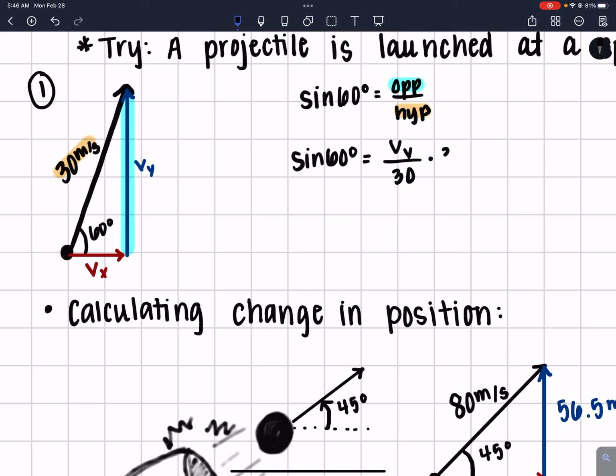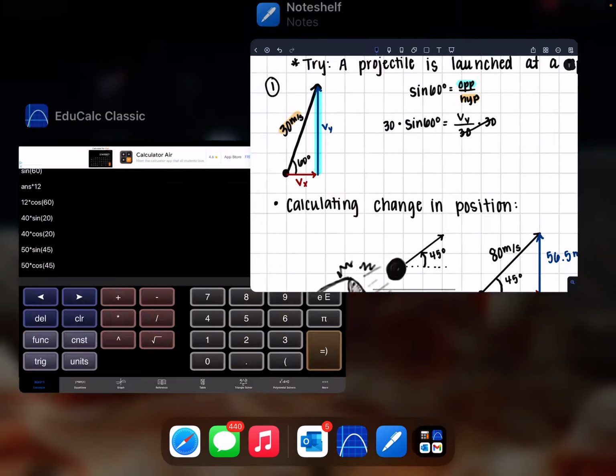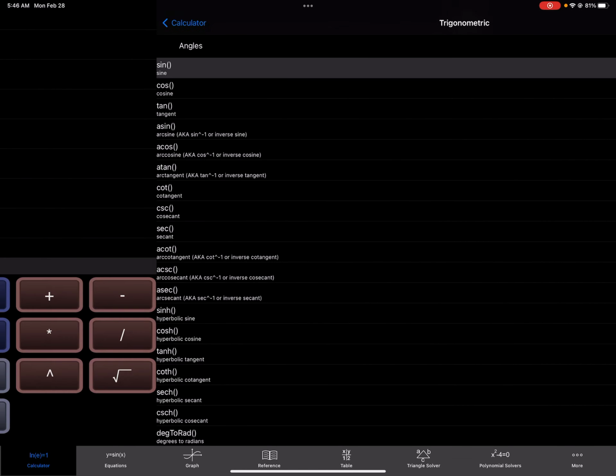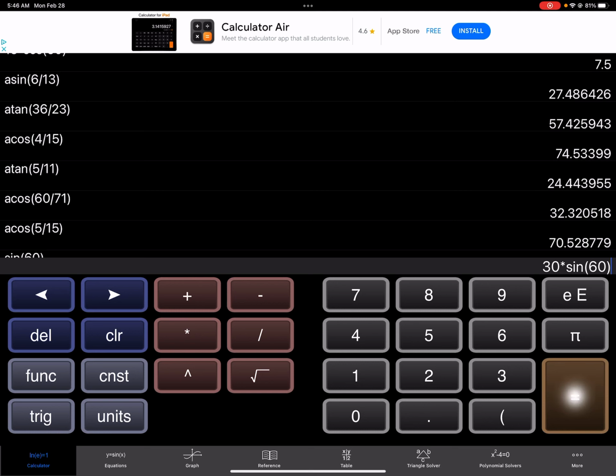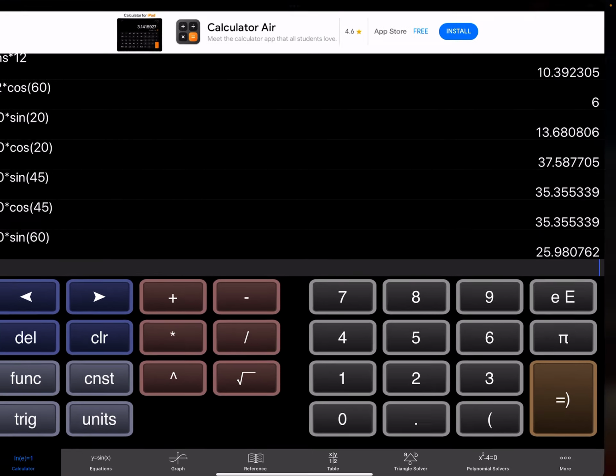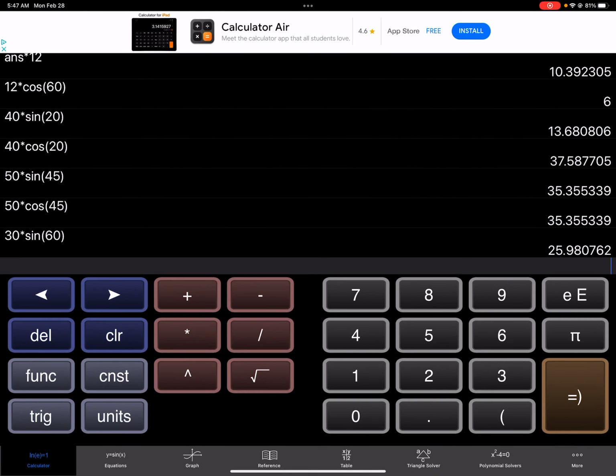I'm going to solve for Vy by multiplying by 30 on both sides. And when I do that, let's see what 30 times the sine of 60 gets me. 25 point, oh gosh, that rounds up to like 30.0. Oh wait, no, not 30, 26.0.